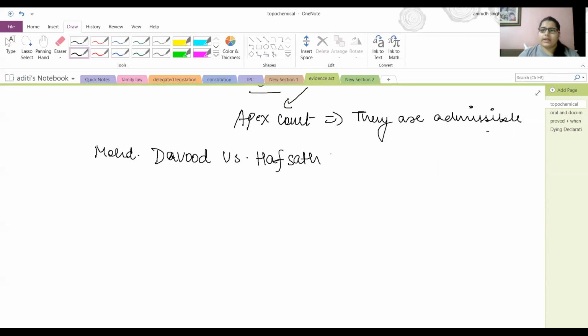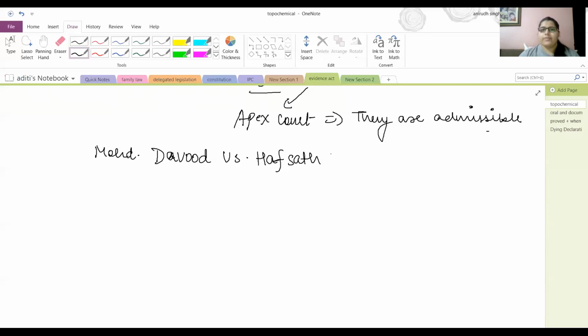But let's suppose this is not the case, or the bridegroom or bride denies it, saying these are not my signatures, these are somebody else's. That is why merely documents are not sufficient to prove this.